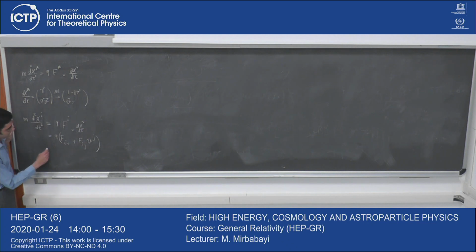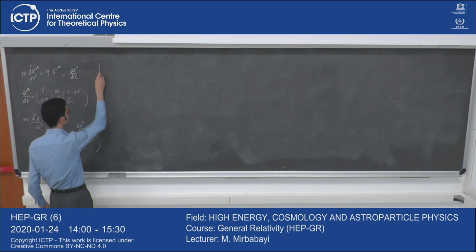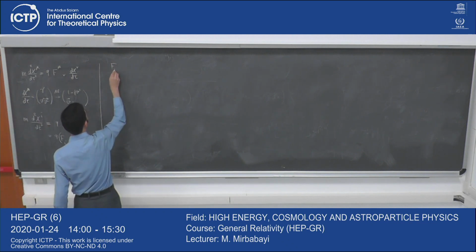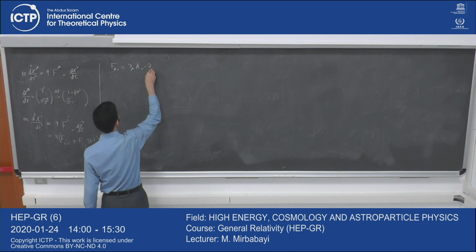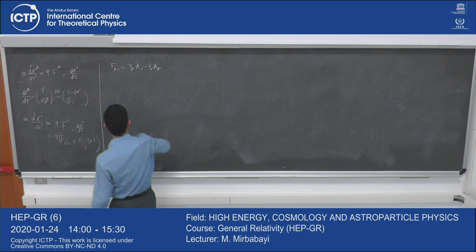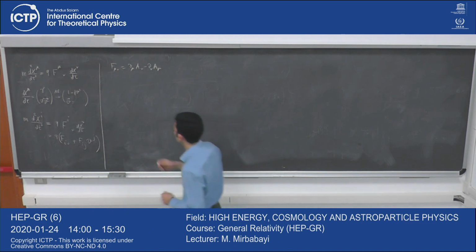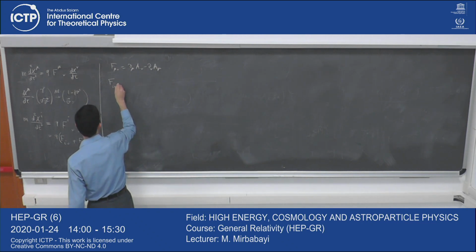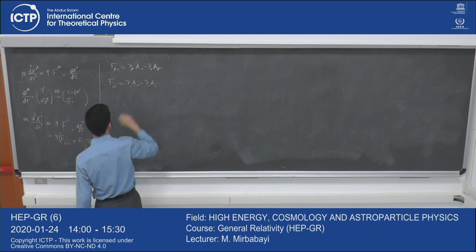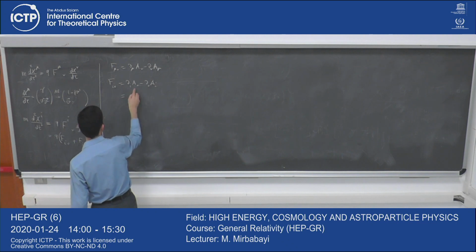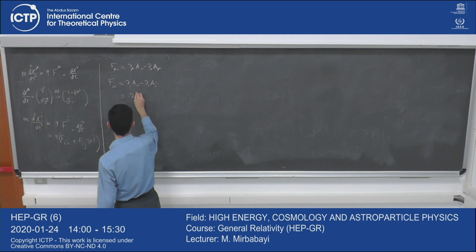Okay, so now we want to express these objects in terms of the electric and magnetic field. So how do we do that? We know that F mu nu is equal to d mu A nu minus d nu A mu. F i0 is equal to d i A0 minus d0 A i. We know that A0 is minus the electrostatic potential.